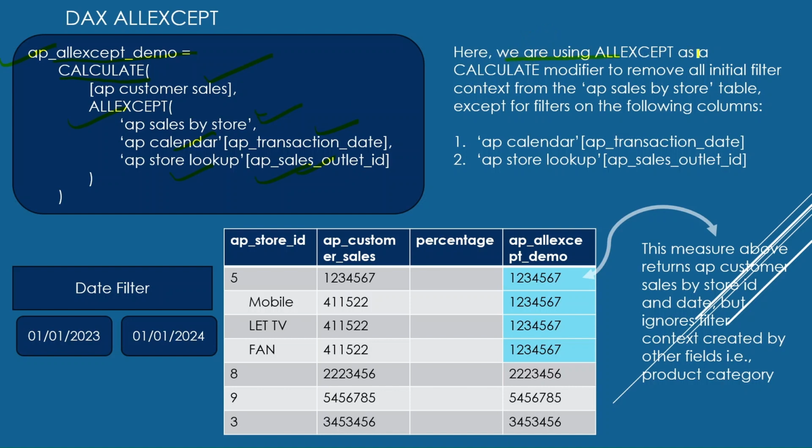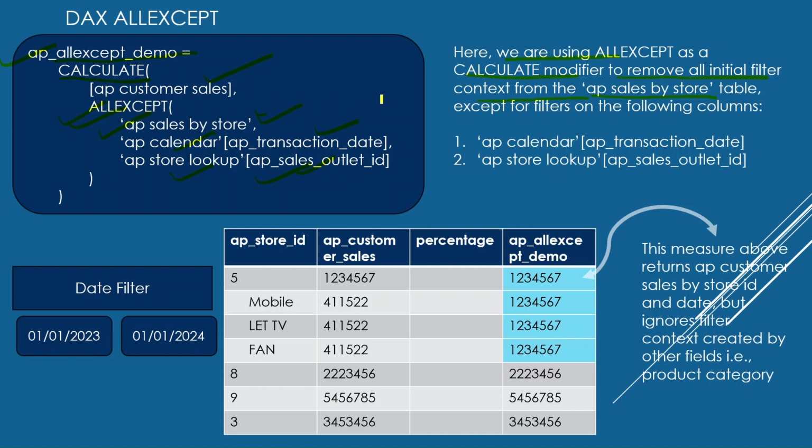Here we are using ALLEXCEPT as a CALCULATE modifier to remove all the initial filter context of AP sales by store. First, this ALLEXCEPT function will remove all the filter context present over this AP sales by store table.